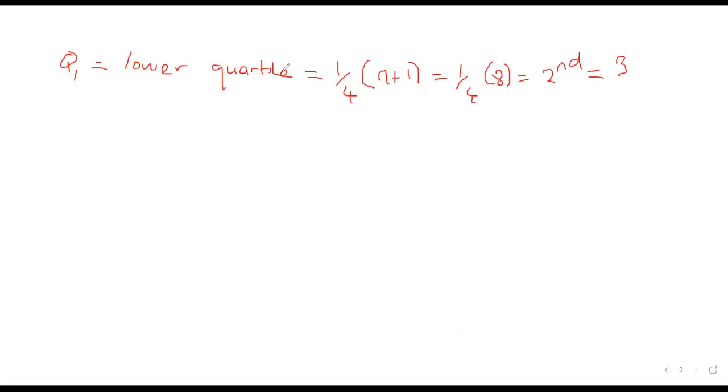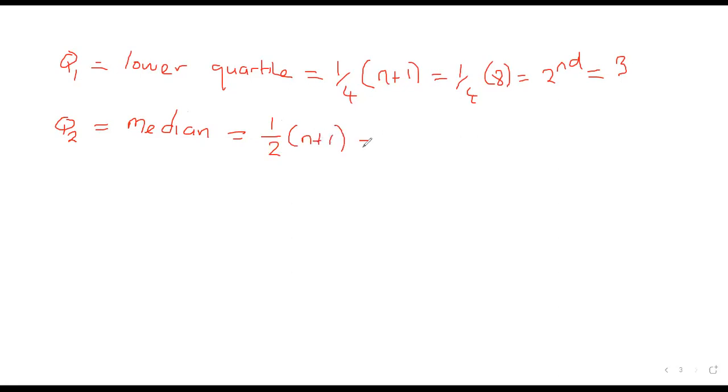So quartiles simply give you positions. All right. What did I say the second quartile was? The second quartile was the median. And what was the formula for the median? Half of n plus 1.